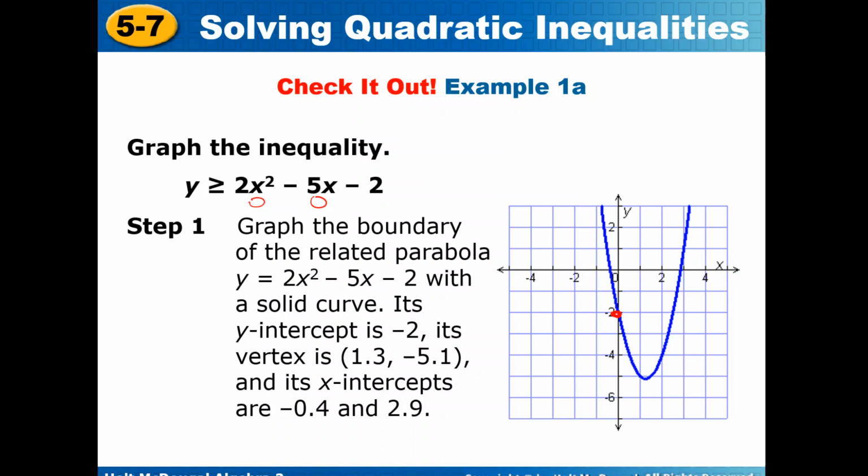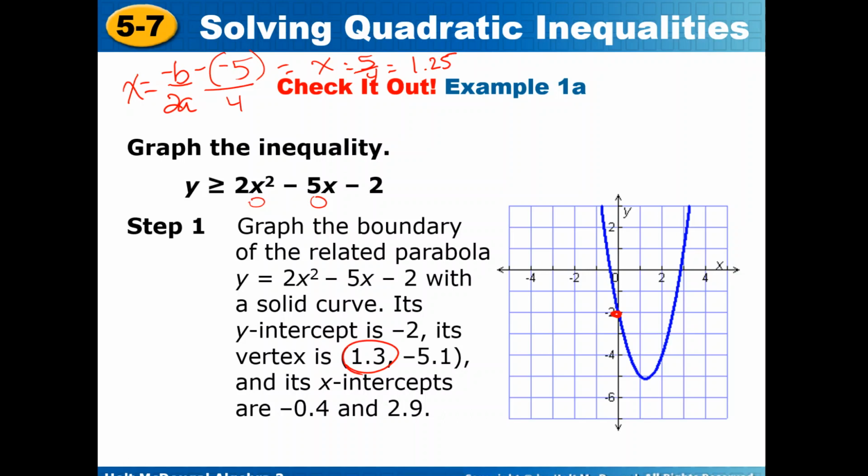And in order to find my vertex, I can just remember that my vertex is at x equals negative b over 2a. So b is negative 5, and we're going to take the negative of that, over 2 times 2, which is 4. So my x is going to be positive 5 over 4, which is equal to 1.25.